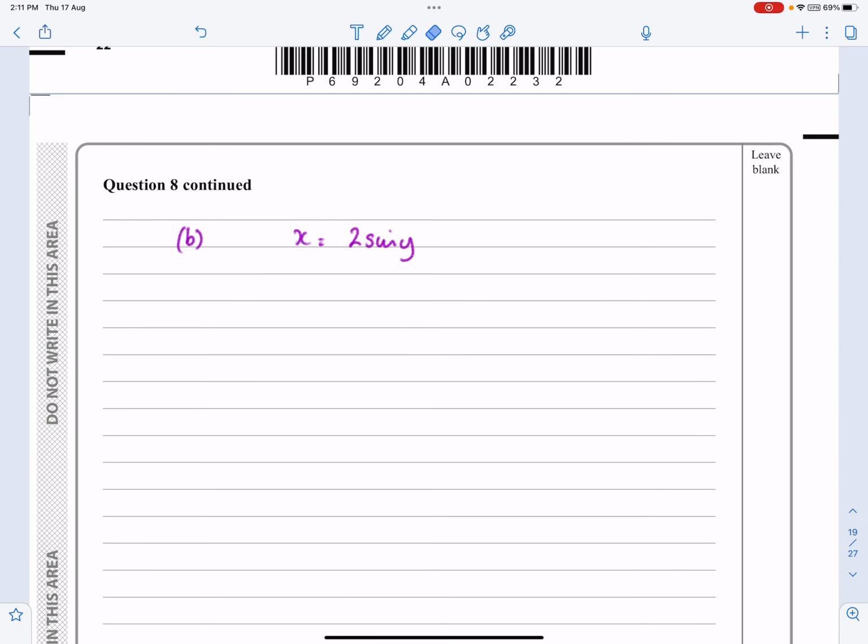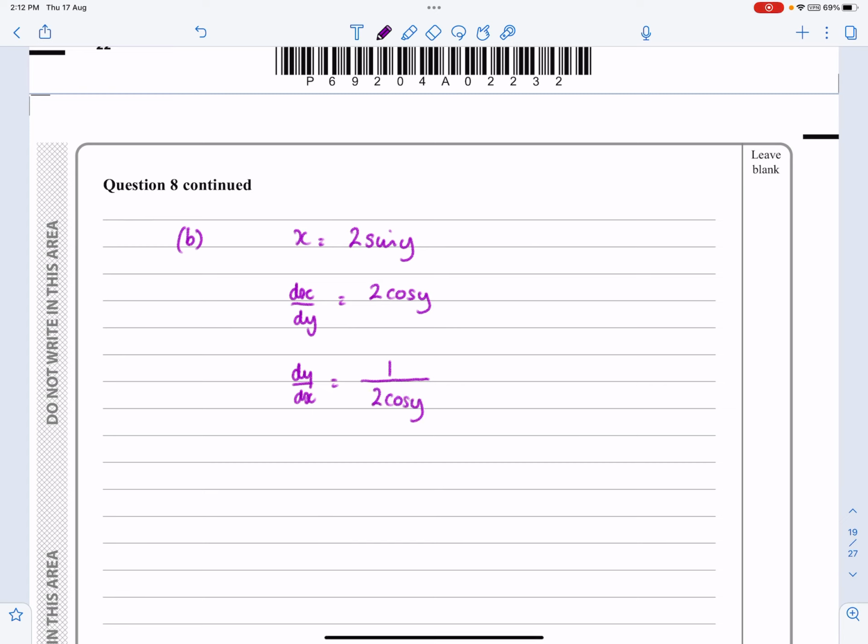First things first is to say I can't find dy by dx, but I can find dx by dy, because that's simple. Dx by dy, differential of sine is cos, so it's just 2 cos y. So it means I can get dy by dx. Dy by dx is 1 over that, so it's going to be 1 over 2 cos y.